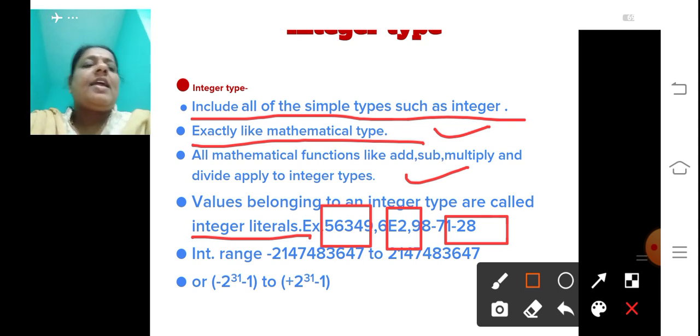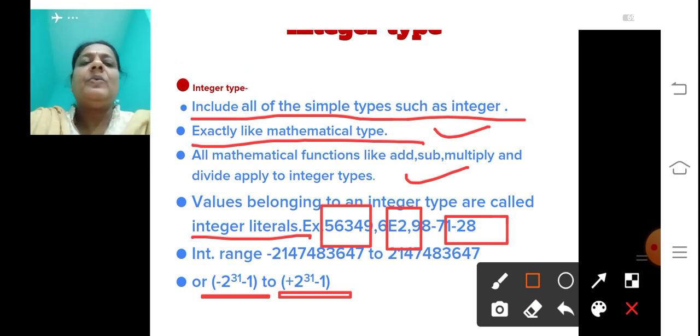You can see the whole numbers, and you can also write using exponential notation, and using a dash for negative numbers. These are some examples of integer values. The next point is that a range is given for these integer values. What is the range? It is minus 2 to the power of 31 to plus 2 to the power of 31 minus 1. If you evaluate this value, you are going to get this whole number. Just try this.